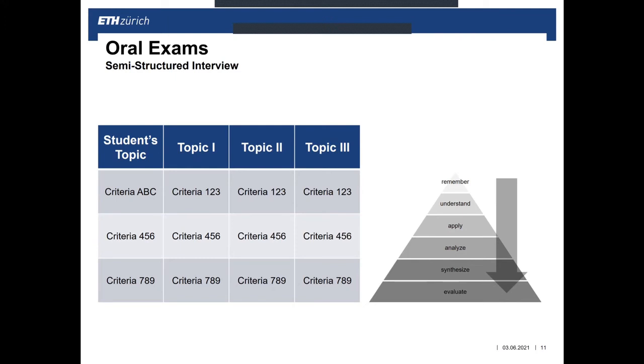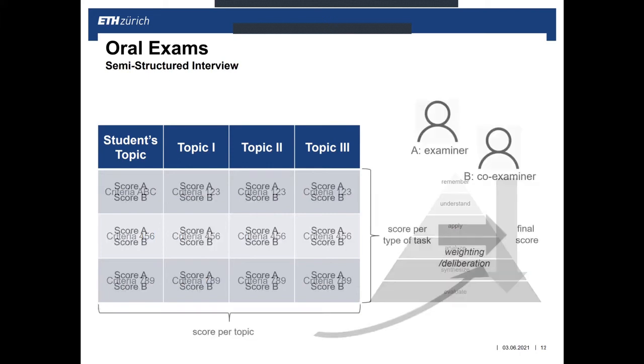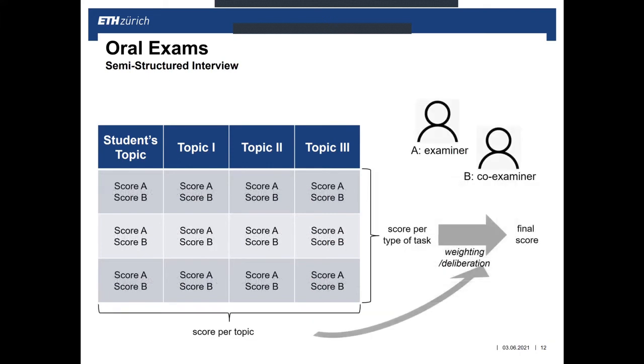Now, these criteria don't have to be numbers, so the scores don't have to be numbers. They can also be notes. And so you have these scores, and then either by mathematical weighting or through deliberation between you and your co-examiner, you arrive at the final score.